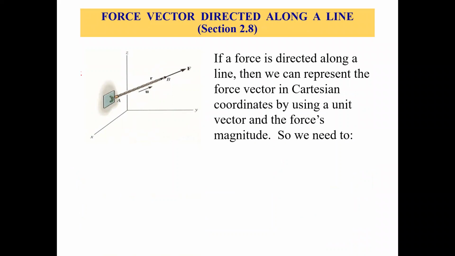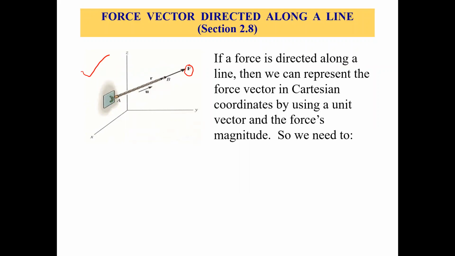In this given system, there is some hook at point A, a cable or a rope from point A to point B, and a force F applied at point B along the direction of the cable AB. If a force is directed along a line, then we can represent the force vector in Cartesian coordinates by using a unit vector and the force's magnitude.